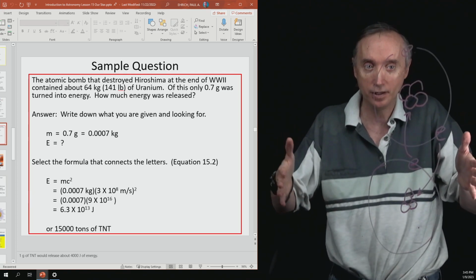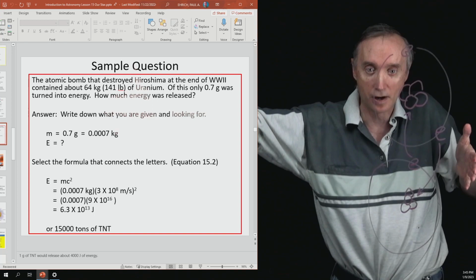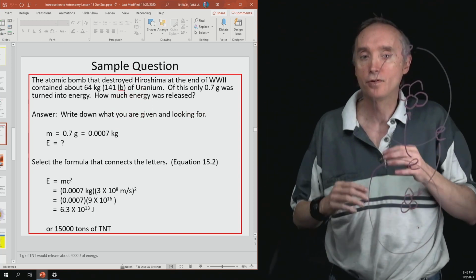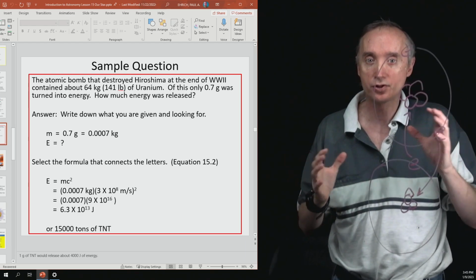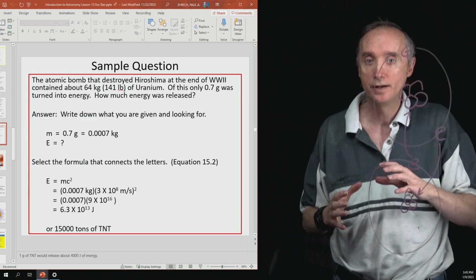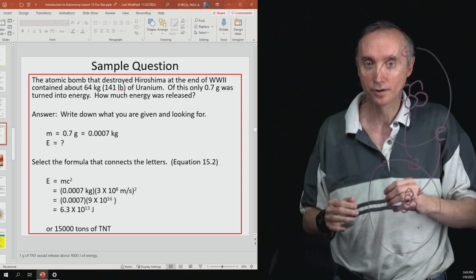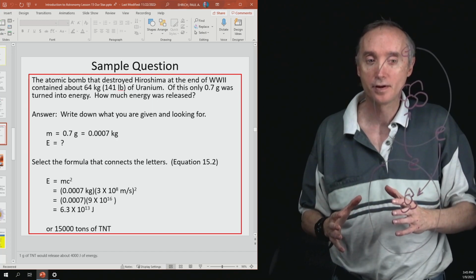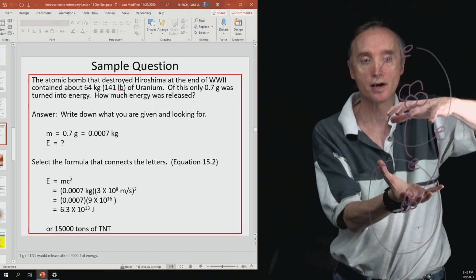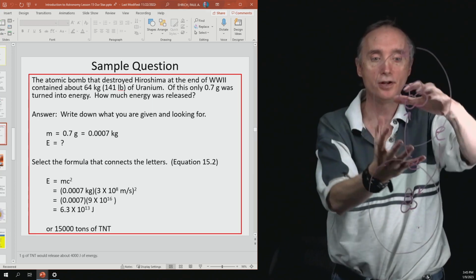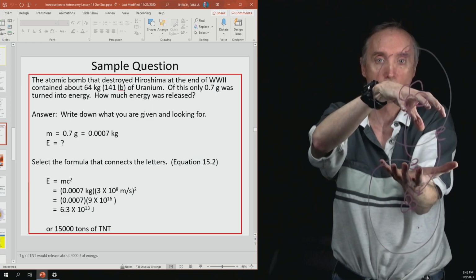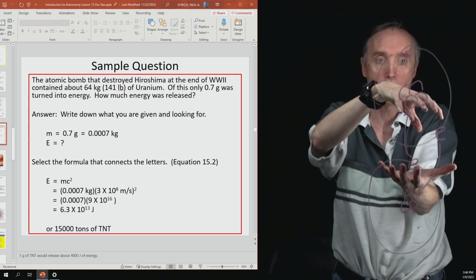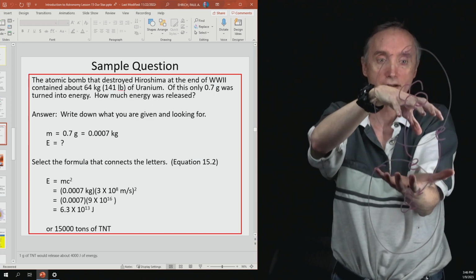So it was a very large bomb that was dropped. But the warhead, the thing that actually blew up, was a chunk of uranium that was 64 kilograms in mass, and it was about the size of a soccer ball. So if you can imagine a soccer ball weighing 64 kilograms or weighing 141 pounds, that's pretty dense.